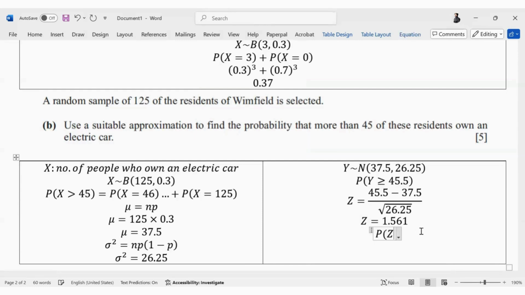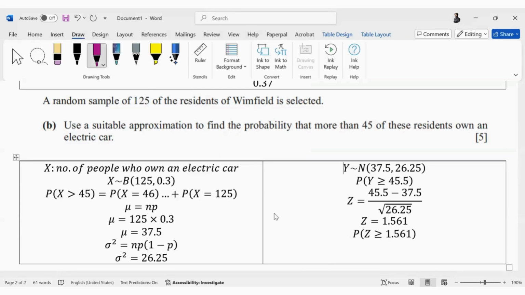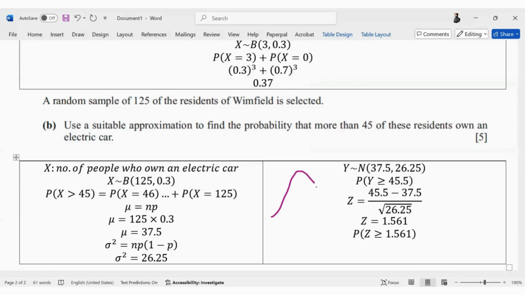And I need to calculate the probability of Z greater than or equal to, it doesn't matter, 1.561. I always encourage students to draw sketches of the graph to understand so that you don't end up making an error. So this is your normally distributed variable. Mean is 0. This is your 1.561.